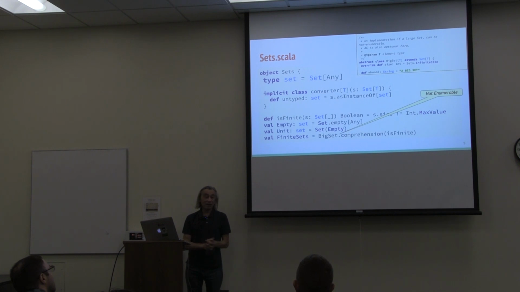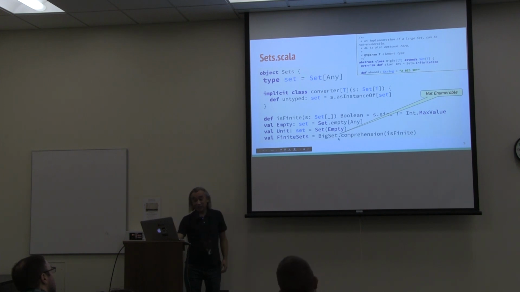There are exactly the same number of singletons as sets, right? Because for any set, you can build a singleton. And we have a set of finite sets, which we just take all possible sets and choose those that are finite. So this is how big set is defined.